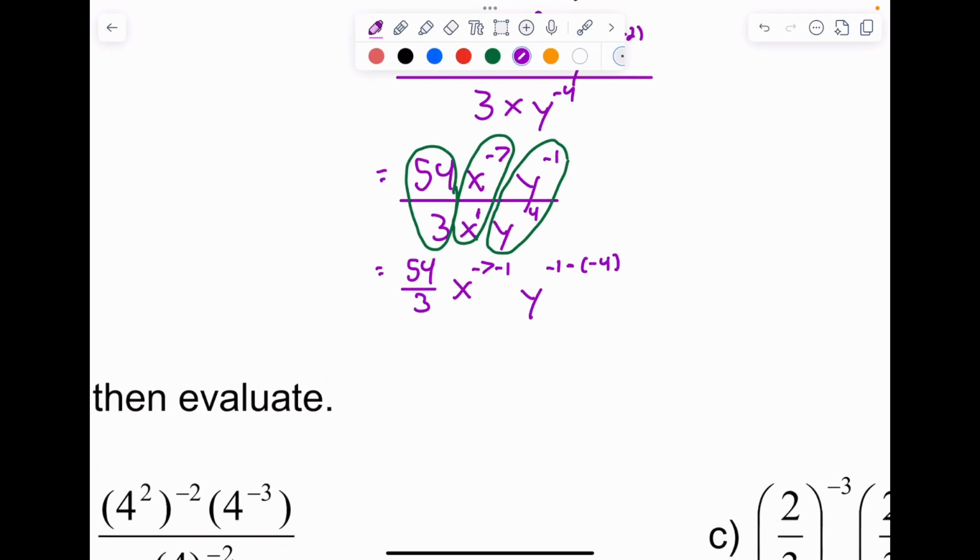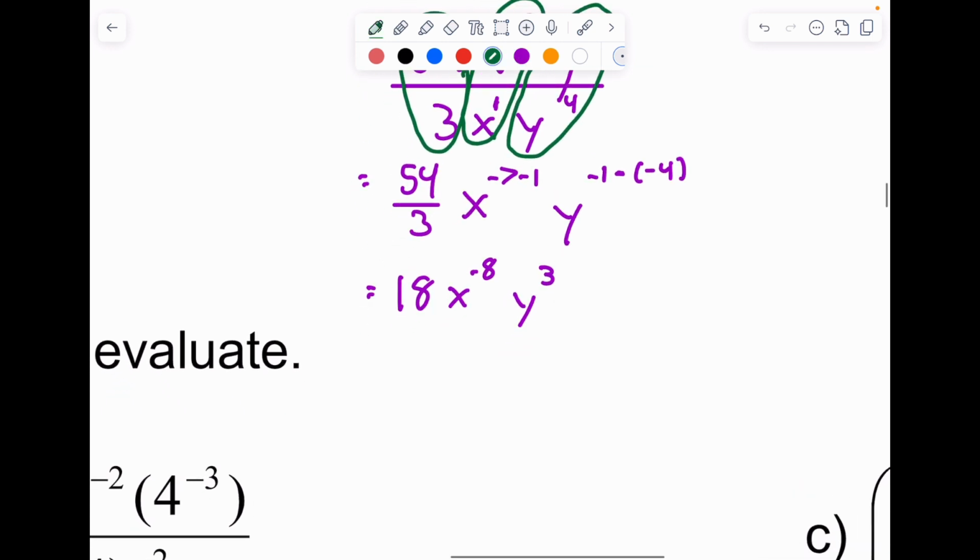So 54 divided by 3, I don't know why my mental math is not great right now, but I'm pretty sure that's, yep, it's 18. So that's 18, x to the minus 8, and then y cubed. Well, we never want negative exponents, so deal with this.